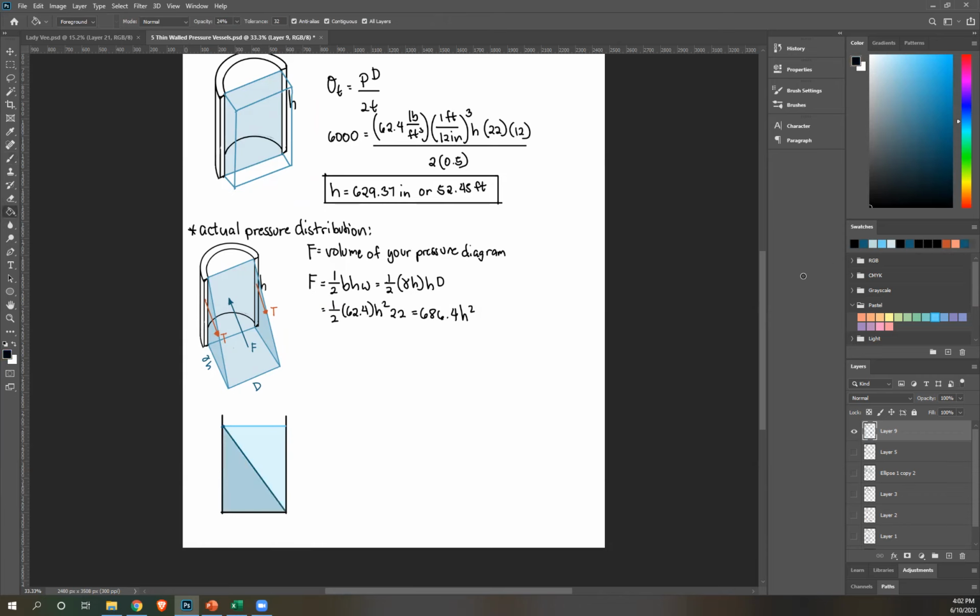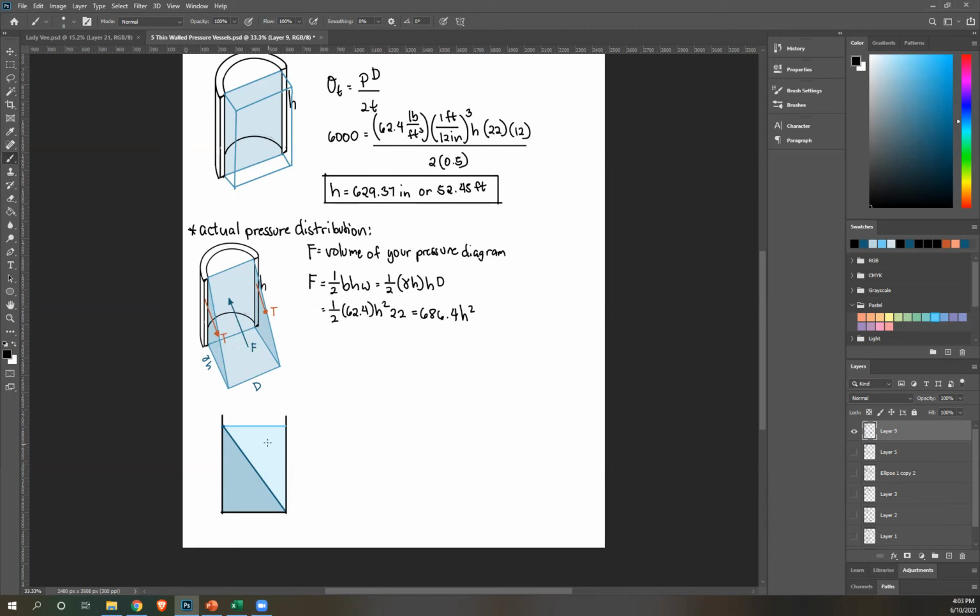Okay. And then remember, whenever we have a load diagram, from your MEC30, to get the resultant is just the area of your load diagram. Now, if we have a pressure diagram, the resultant is the volume. And recall where the position of those resultants are placed. It's at the centroid of your figure. Okay, so therefore this F will be at the centroid of this prism, which is triangular.